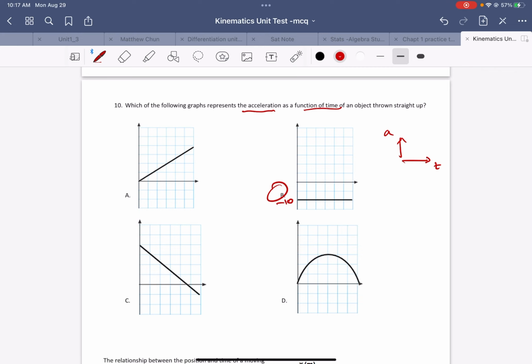Okay, so when you throw a ball and it goes up and it goes back down, your acceleration is always the same no matter where it is. So gravity is negative 10 meters per second squared.